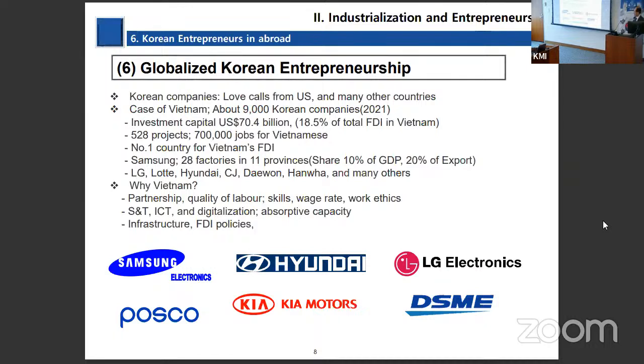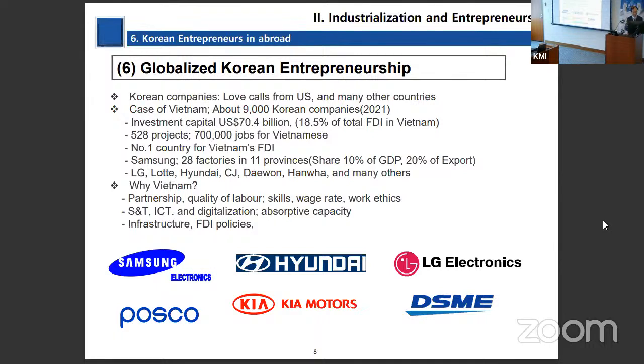Samsung has 28 factories in 11 different provinces in Vietnam. They account for 10% of Vietnam's GDP and 20% of its total exports. That is only one Korean company. And there are more than 9,000 Korean companies working in Vietnam.